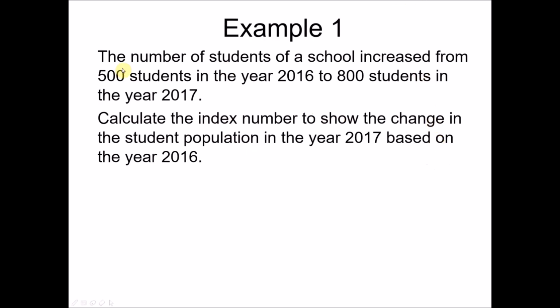Example number 1. The number of students of a school increased from 500 in the year 2016 to 800 students in the year 2017. So 500 increased to 800 from 2016 to 2017. Calculate the index number to show the change in the students' population in the year 2017 based on the year 2016. So 2016 is the base year.